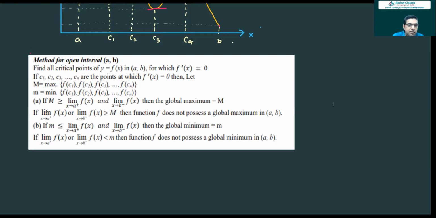Now, when we approach the boundaries, the limit of the function as x tends to a plus at the left boundary, and the limit of the function as x tends to b minus at the right boundary: if both of these limit values are less than capital M, then the global maximum is capital M. If any one of them is greater than M, then the function does not possess a global maximum.